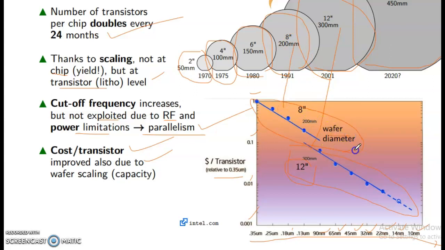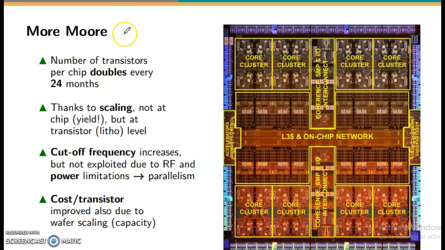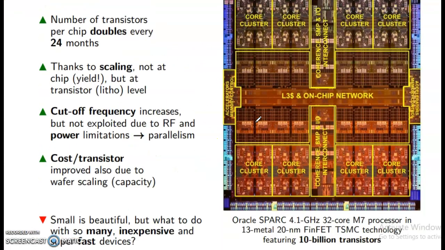The wafer diameter is plotted against dollar per transistor relative to 0.35 micrometer. More and more, actually.